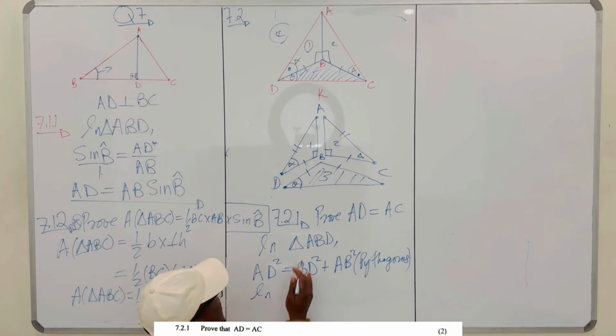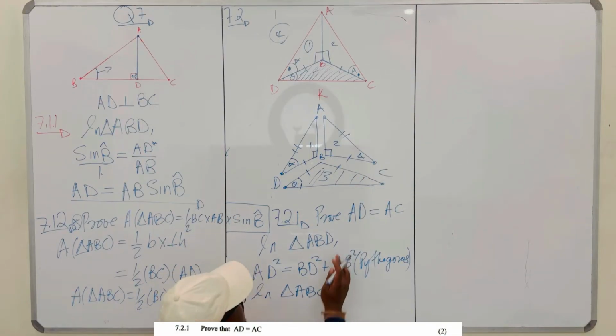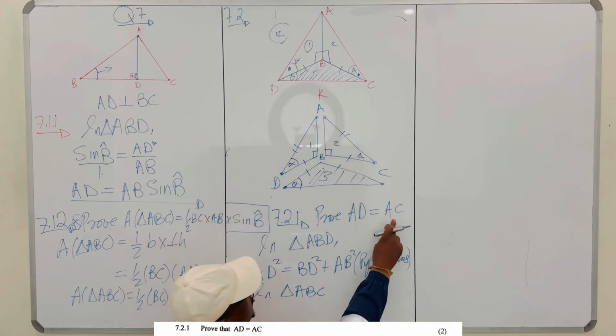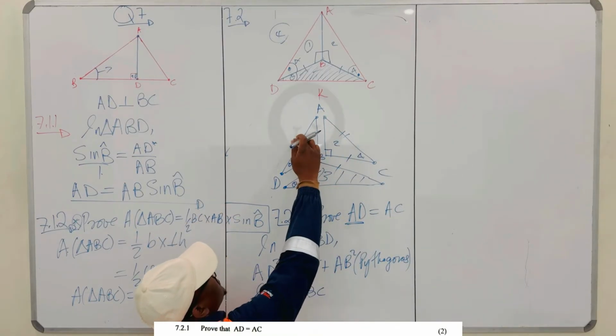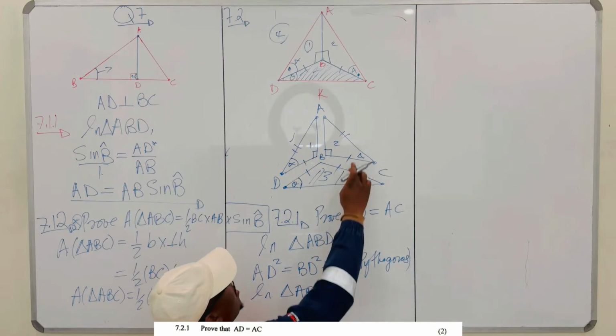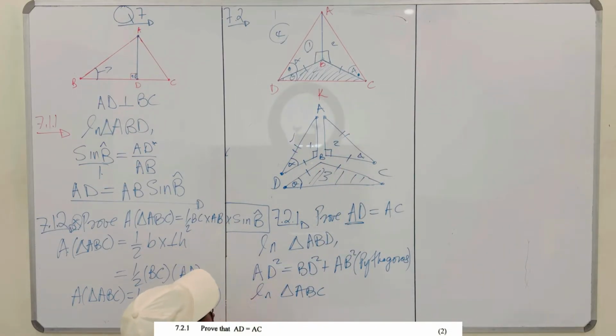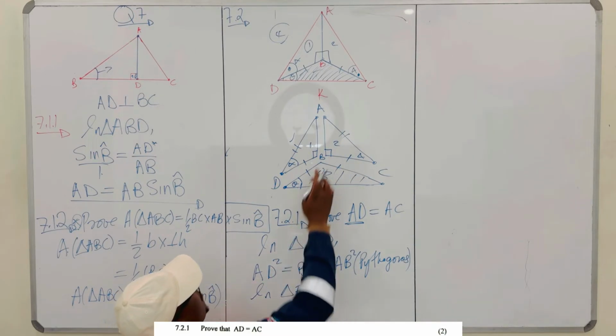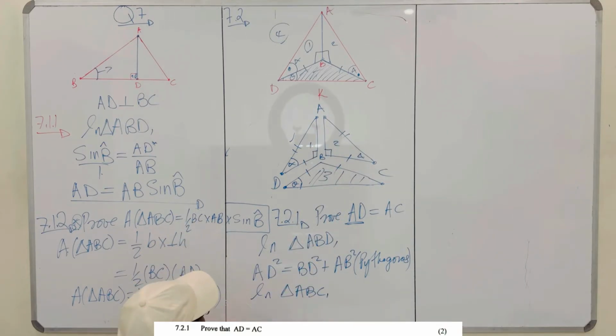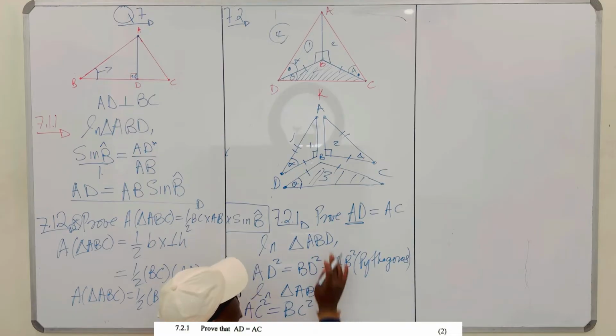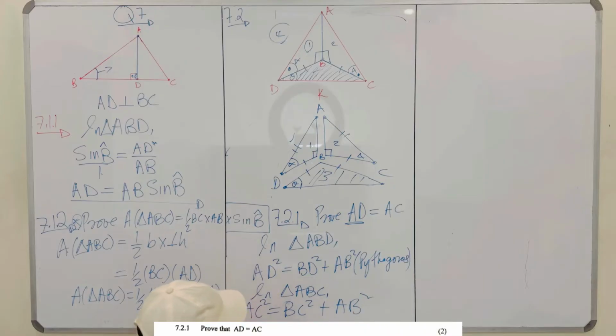So in the second triangle, triangle ABC, you can find your hypotenuse, which you're trying to prove. I defined the hypotenuse here, which is AD, to be this. Now I'm defining the hypotenuse of the second triangle, triangle number 2. So in triangle ABC, I can use Pythagoras again and say AC squared is equal to BC squared, which is this side squared, plus AB squared.